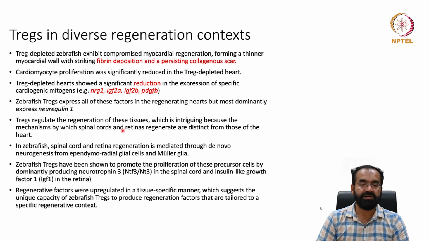Tregs regulate the regeneration of these tissues, which is intriguing because the mechanism by which the spinal cord and retina regenerate are distinct from those of the heart. So we should understand, although Tregs are coming into the vicinity of every damaged tissue, they are not doing the same job in different tissue.